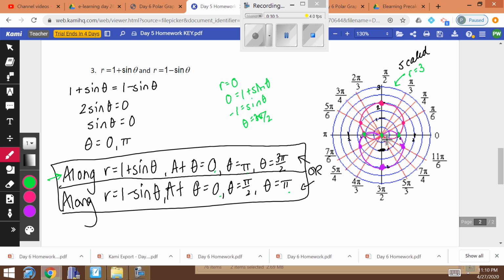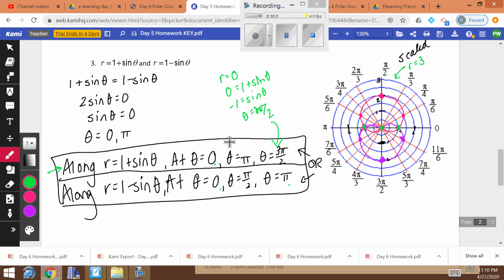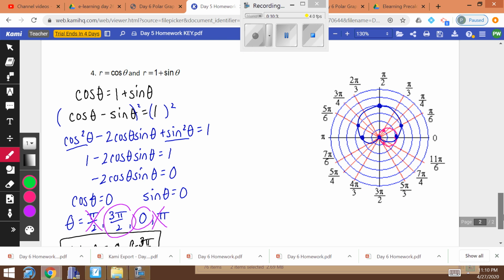Okay, you get the idea, at 3 pi over 2, and again, that's how we get that answer right there. We can go through and set r equal to 0. All right, again, you only need to pick one of those that shows that it goes along that specific cardioid there.